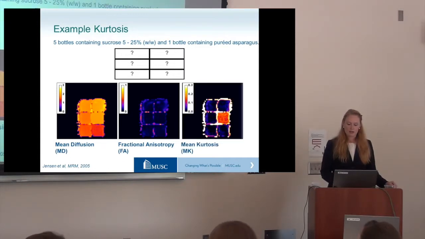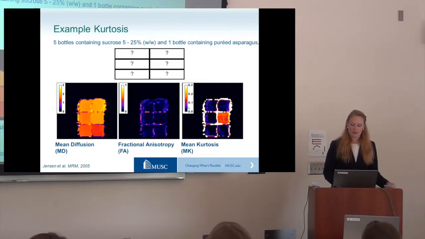But if you calculate the kurtosis of all of the vials, you can clearly tell that the vial that had asparagus, that was introducing barriers, was this one on the middle right over there. So maybe this measurement of kurtosis could tell us something about tissue microstructure in vivo using MRI.